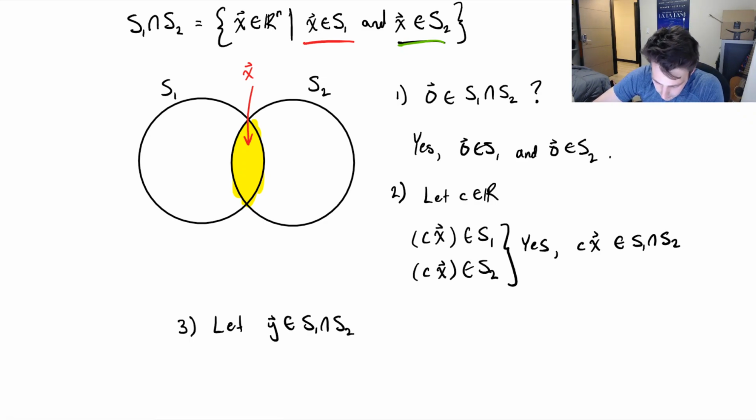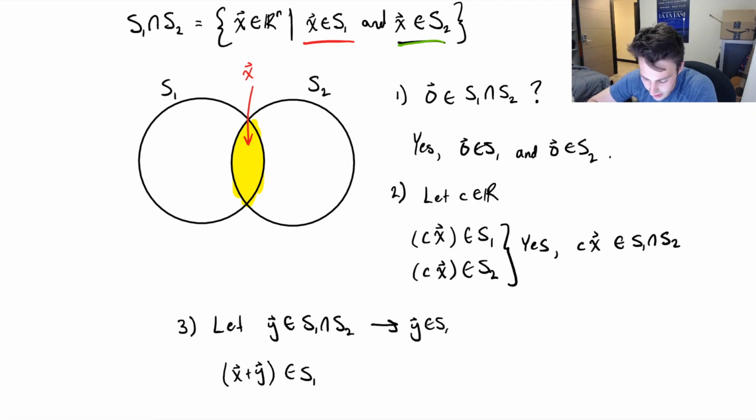All right, x plus y. Well, we know x plus y will be in S1. Since we defined y to be in the intersection of S1 and S2, this is telling us that y is an element of S1 as well as an element of S2. Since S1 and S2 are both defined as subspaces of Rn, they satisfy those three things already, one of those being vector addition.